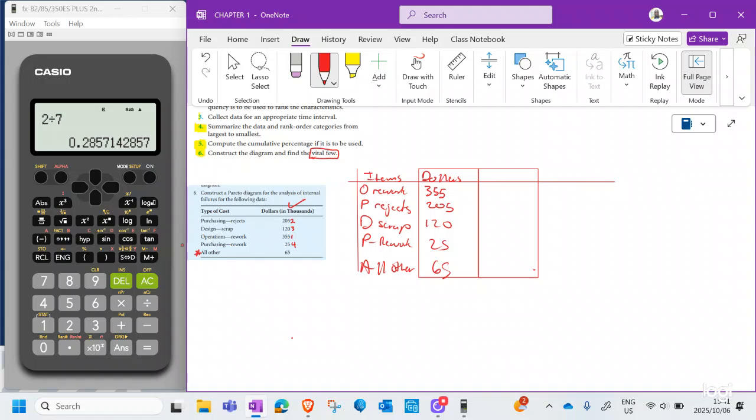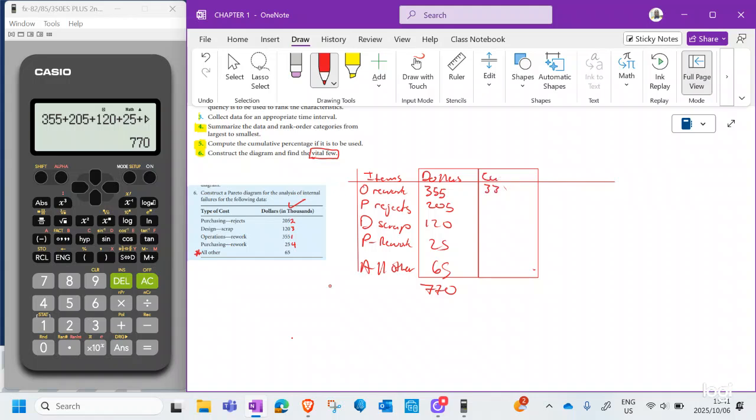Firstly, let's find the total. 355 plus 205 plus 120 plus 25 plus 65 equals 770.